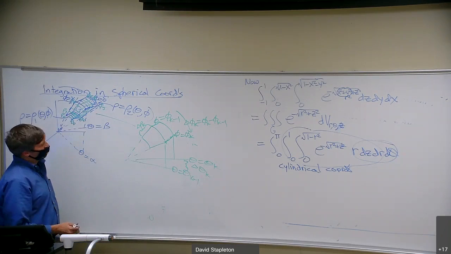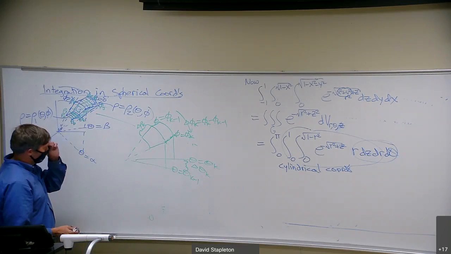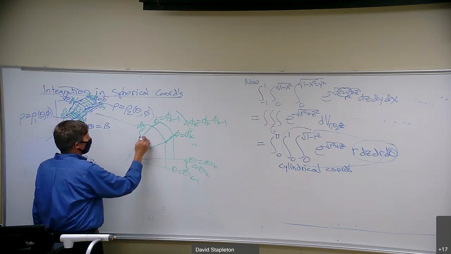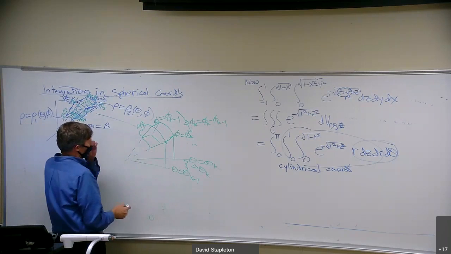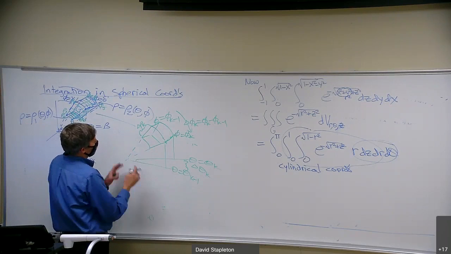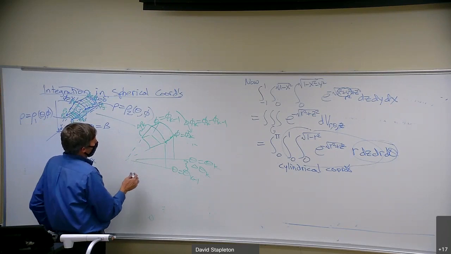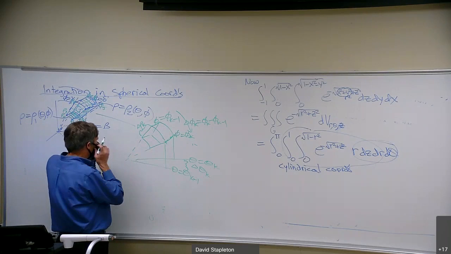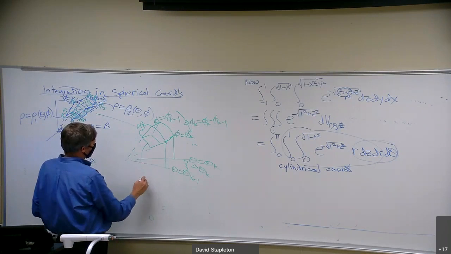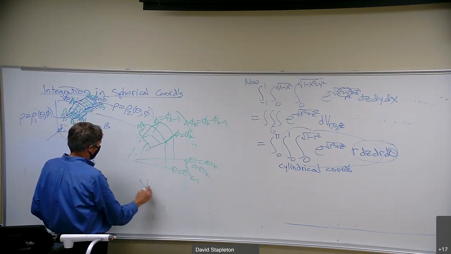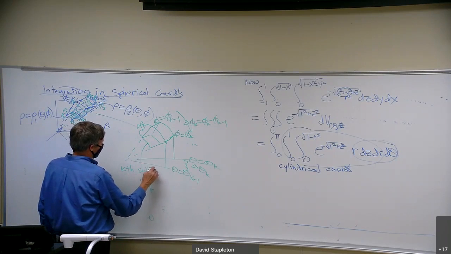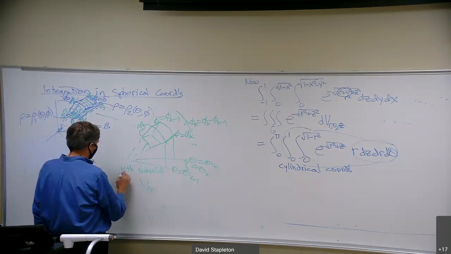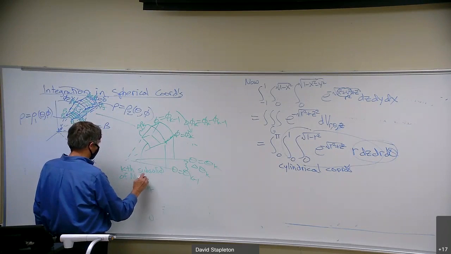So here comes the hand waving part where I don't actually prove it. But this looks almost like a rectangular box, right? It's not a rectangular box, but it looks kind of like one. To within a close approximation, when you say that the volume of this, suppose this is the kth subsolid of a total of capital N subsolids.